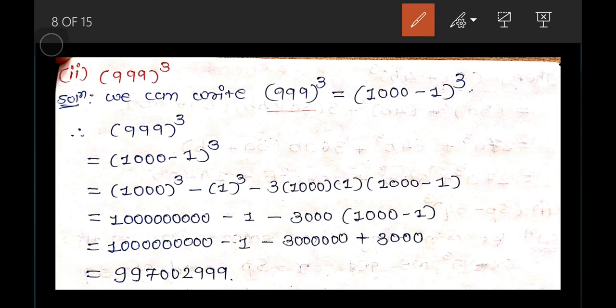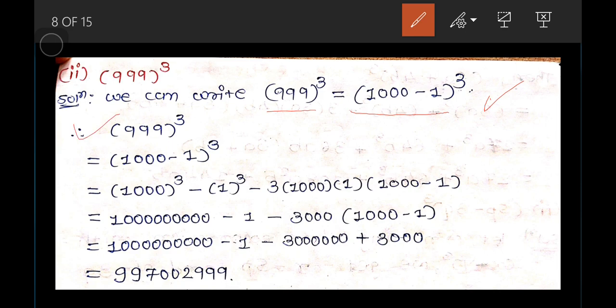So 999 cube is equal to (1000 - 1) cube. As given here, you can compare this expression with identity number 7, that is (x - y) cube. So let us put these values in that identity and we can find the cube of 999.